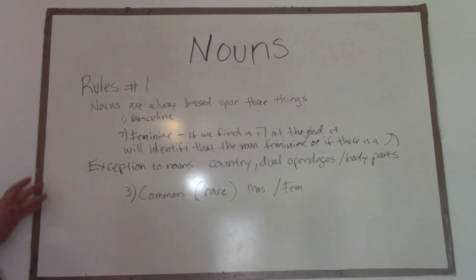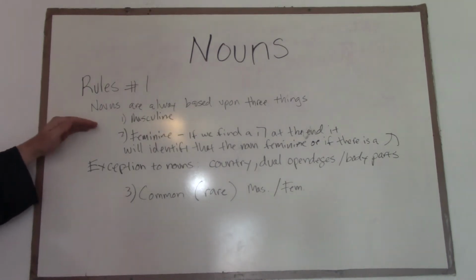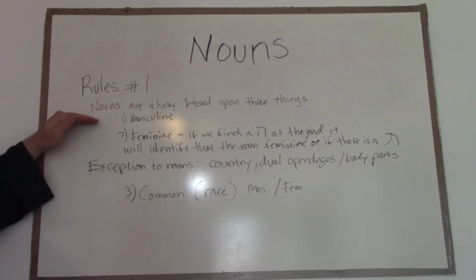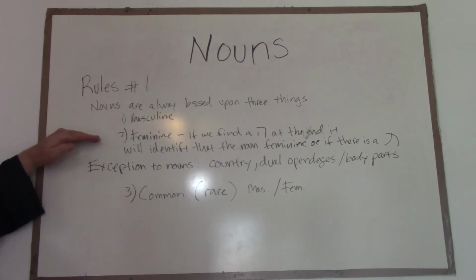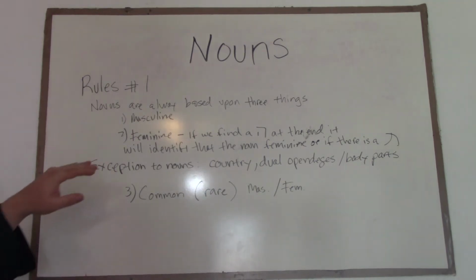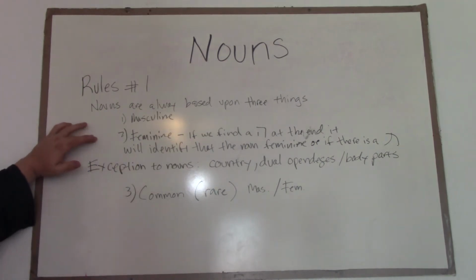So the rule number 1 we have is nouns are always based upon 3 things. They're either masculine, feminine, or common, okay? If they are masculine, the rule is going to be that they will not be according to number 2 and number 3, okay? Number 2 is, if they have a hey or a tav at the end, then we know that this is automatically going to define that this is feminine.